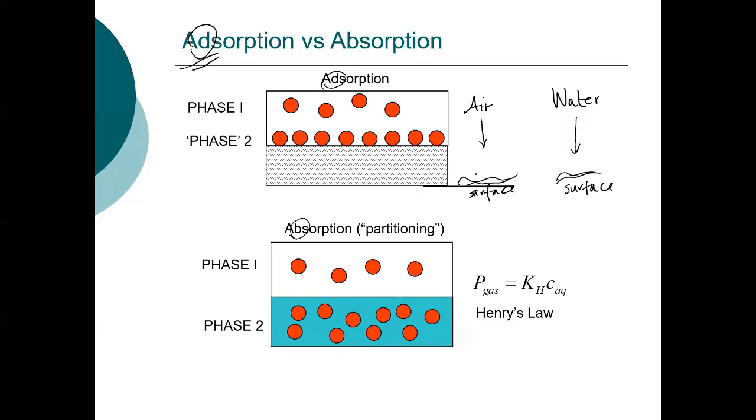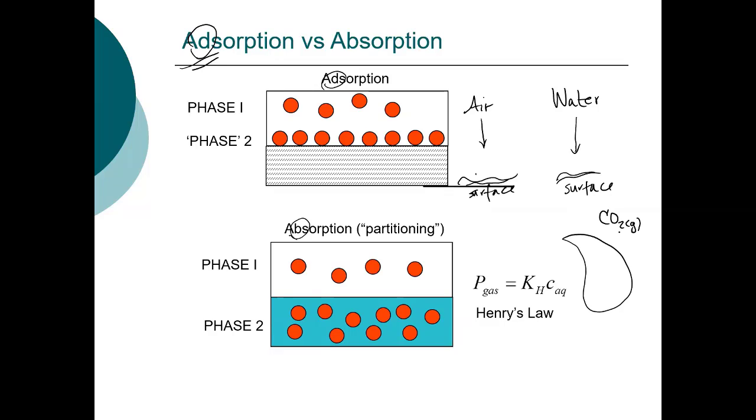When we talk about absorption, think of this as a three-dimensional process. So for instance, we can think about this as a raindrop. We have CO2 in the atmosphere. That CO2 can dissolve to form aqueous CO2. So typically we're looking at Henry's law. We've talked about disinfection, where we have chlorine gas, and that chlorine gas dissolves to form aqueous chlorine.